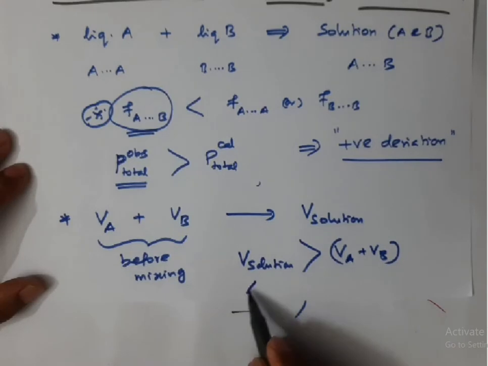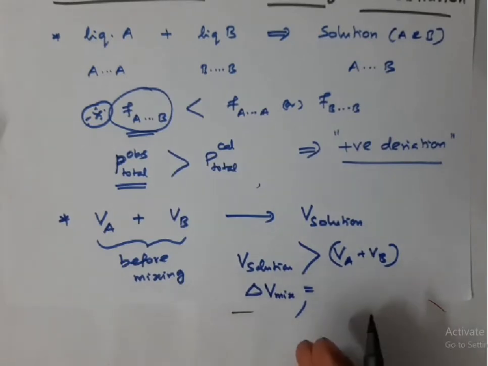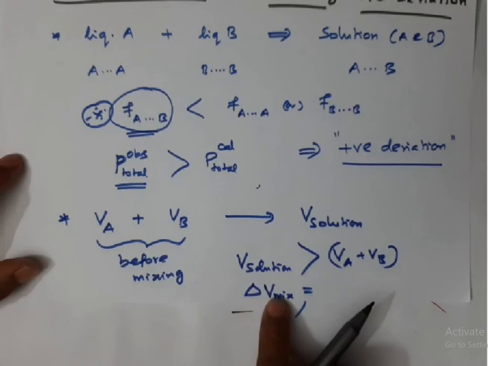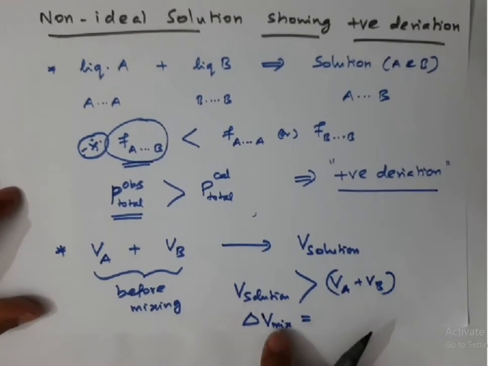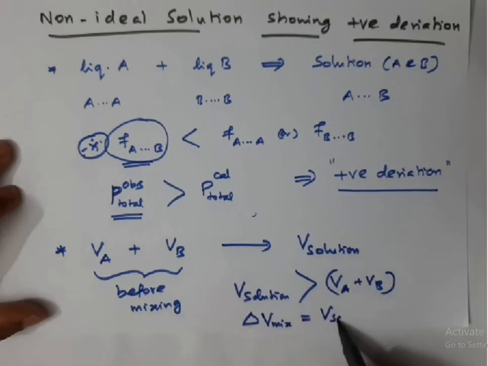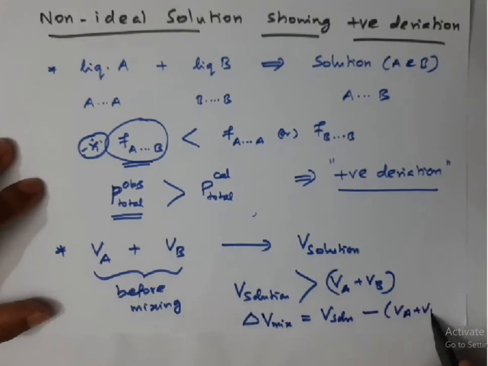Therefore, what is delta V mixing? It is the change in volume due to mixing. Delta V mixing is simply the volume of the solution, the total volume after mixing, minus the total volume before mixing, VA plus VB.